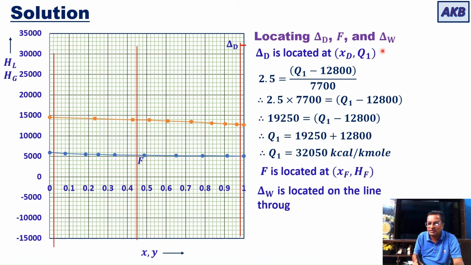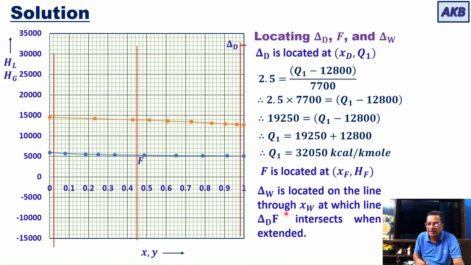Then how to locate delta W? Delta W is located on the line through xW, at which the line delta D F intersects when extended. So you have one vertical line that we had drawn initially through xW.